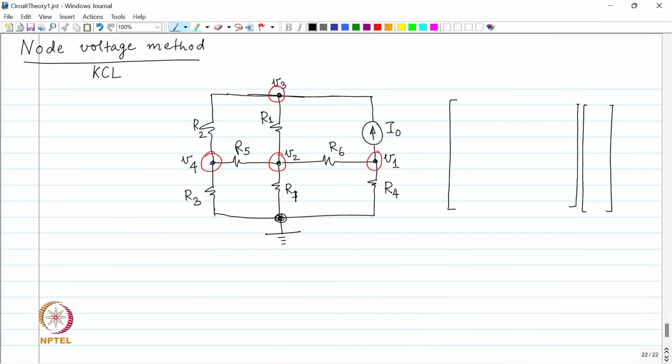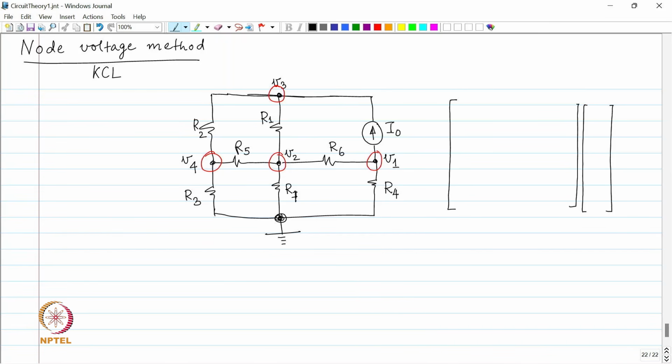I am not going to write V 1, V 2 and all the different things separately. No, it is always going to be in the form of a matrix. And here my unknowns are V 1, V 2, V 3 and V 4, and that is it.